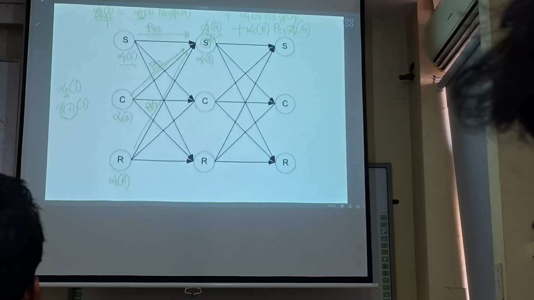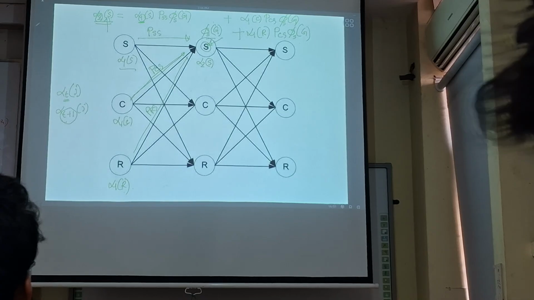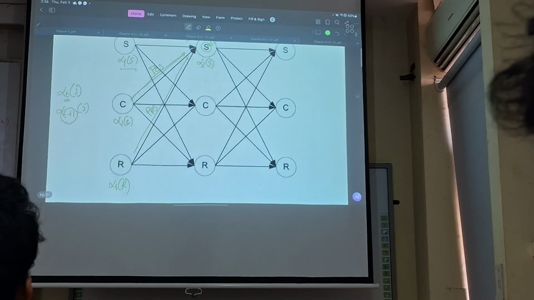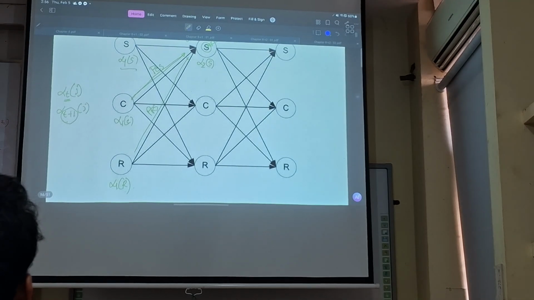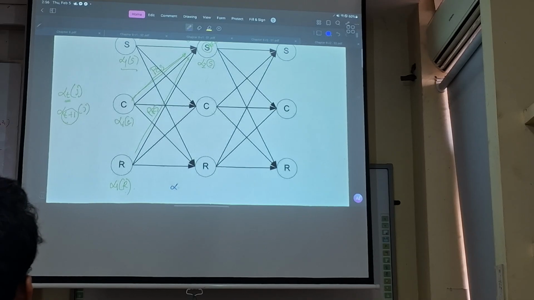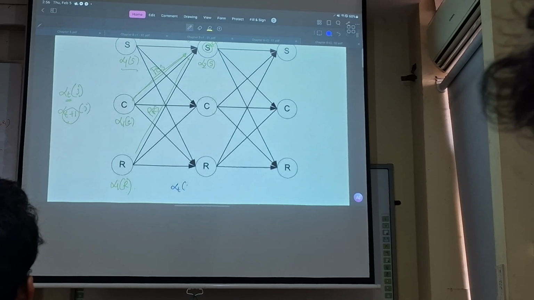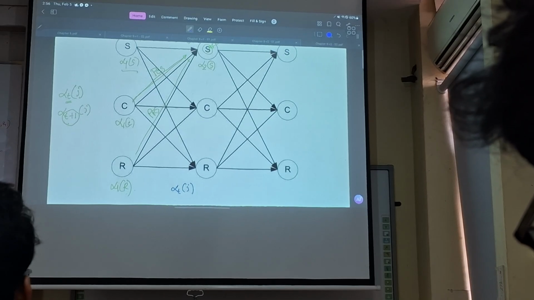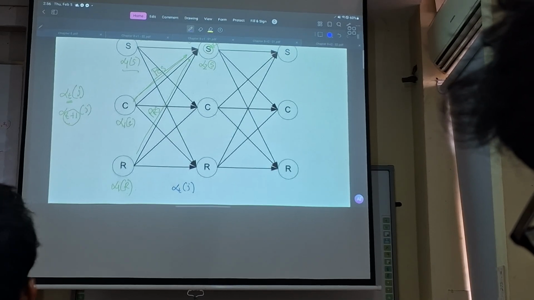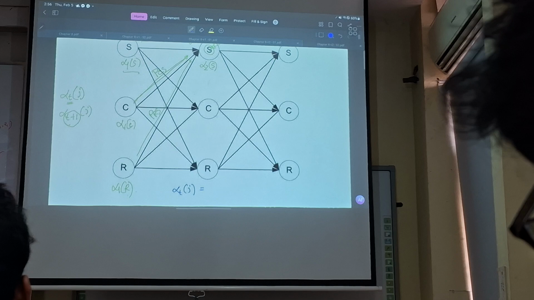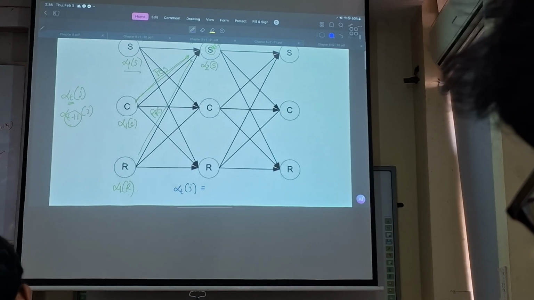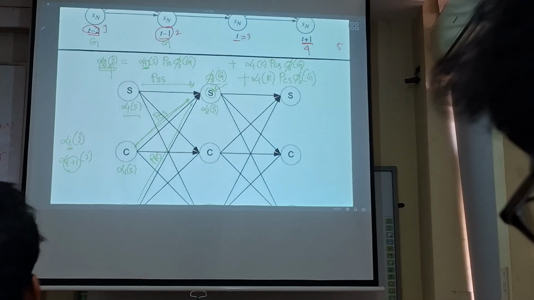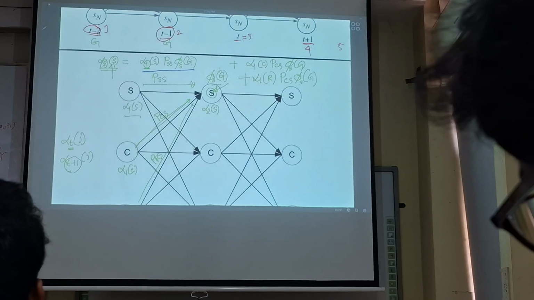So what will be the equation? Just help me. We want to write the generalized equation for alpha. And we will consider the states are i, j. Then summation of the product. How many paths are there?